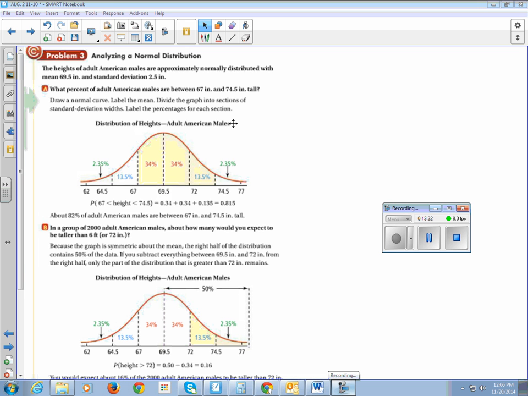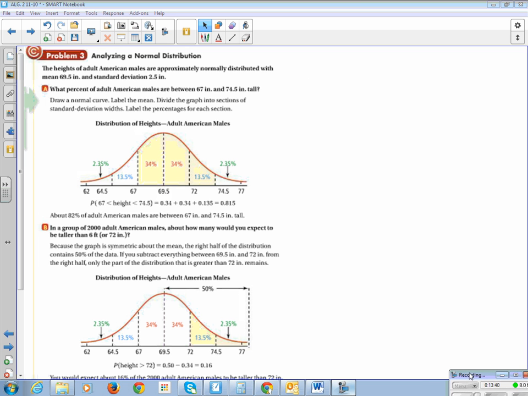So now we're going to take a look at a normal distribution. So for example, the heights of adult American males are approximately normally distributed with a mean of 69.5, so here that is, and a standard deviation of 2.5. And then we do increments of 2.5.